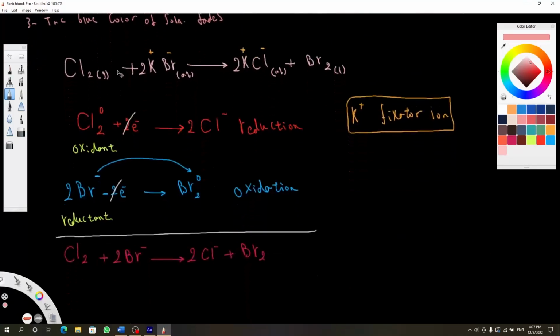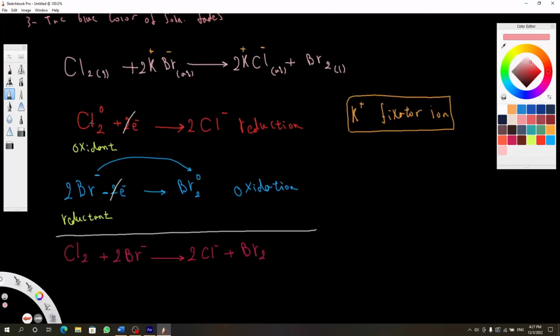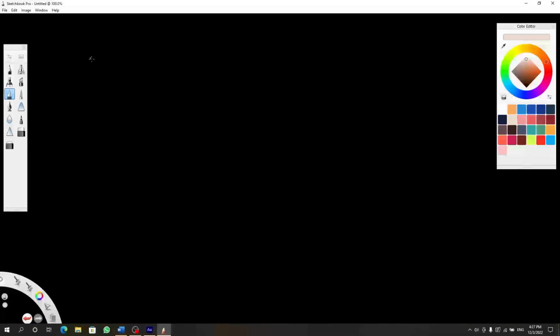Here we have chlorine as a nonmetal, not an ion. It gained electrons, meaning that it's an oxidant or an oxidizing agent. While a bromide ion, that's a nonmetal ion, it lost an electron, meaning that it's a reducing agent or a reductant.